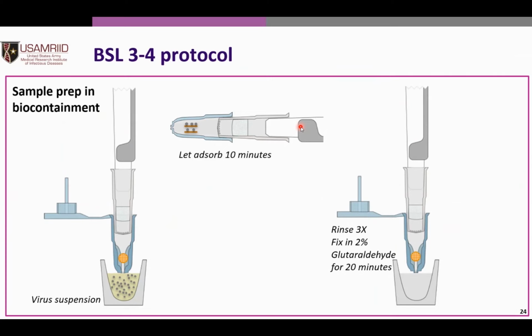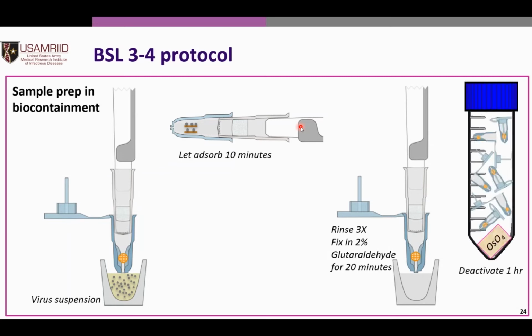After the 10 minutes, we would rinse 3 times in DI water and then fix in 2% glutaraldehyde for 20 minutes. This is just going to fix the sample a little bit and help keep it adhered to the grid. And then after the 20 minutes of glutaraldehyde, you would eject that, and we would put the capsules containing the grid with the sample on them in a 50 ml conical tube.